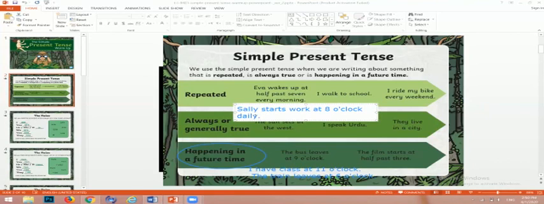Or we can add more examples. Sally starts work at 8 o'clock daily. So here we are speaking about something that happens every day. What is it?